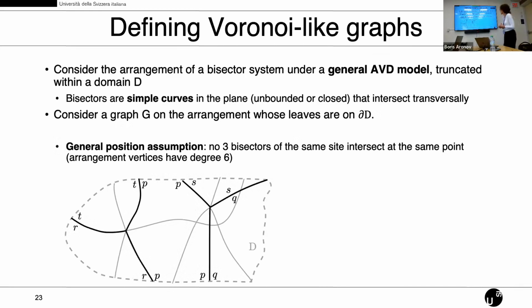So I consider a graph, like what you see here highlighted, a graph on this arrangement, whose leaves are on the boundary of the domain. Let me make the general position assumption that no 3 bisectors on the same side intersect at the same point, so the arrangement vertices have degree 6.